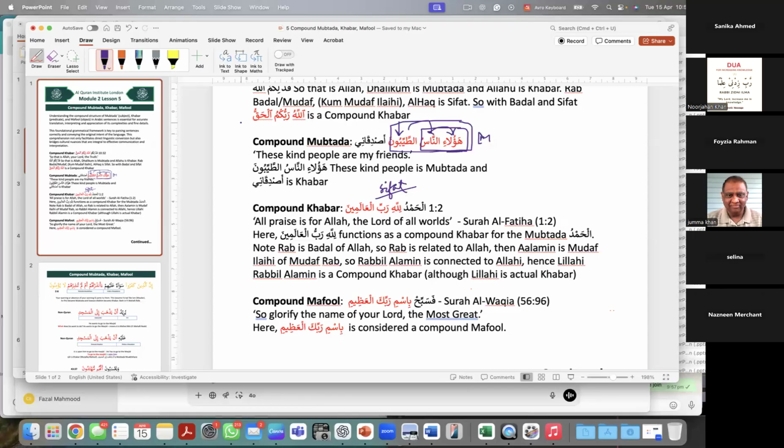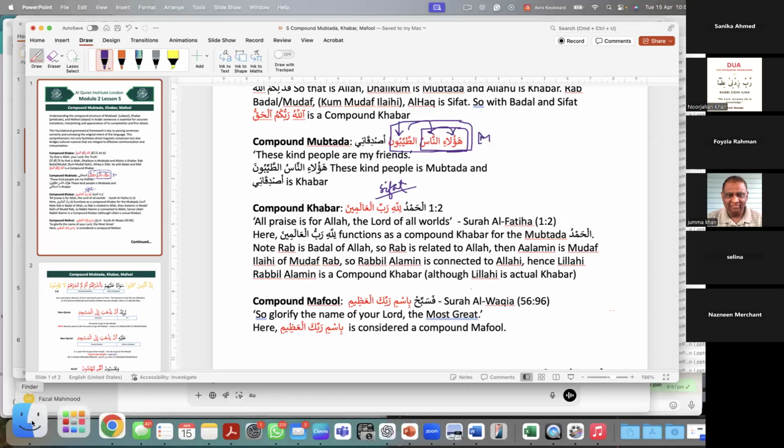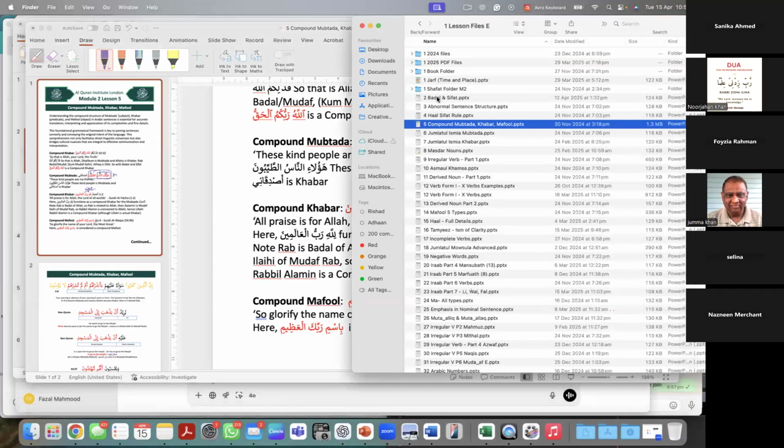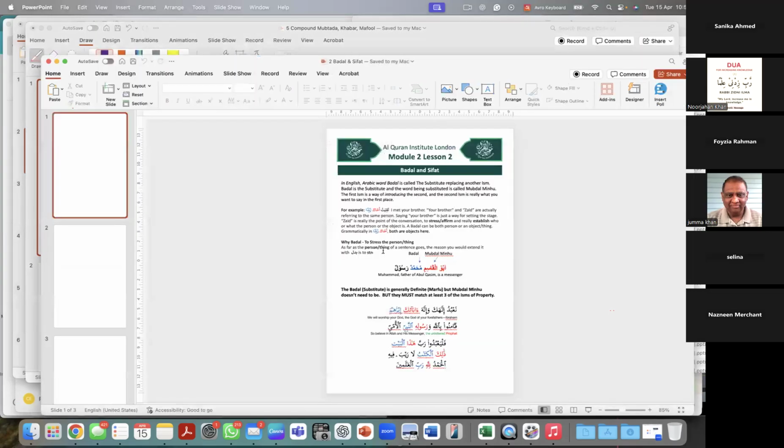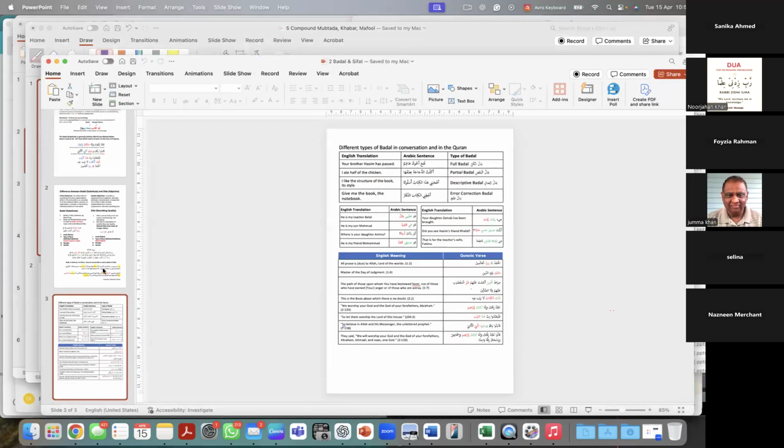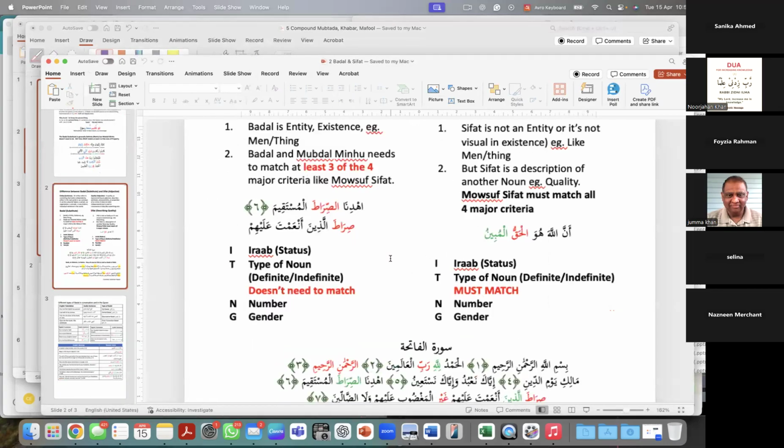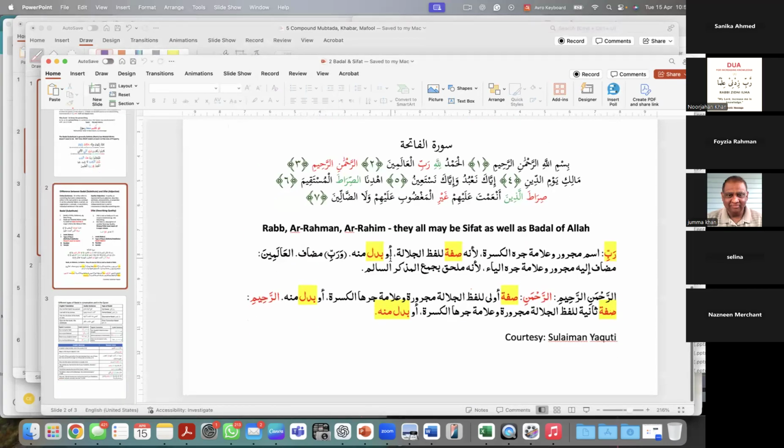And I showed you, if you go back to that chapter, Badal and Sifat, why don't I show it here now? Yeah, can you see? Can you see Rabb? Alhamdulillah, this is the analysis of that sentence.